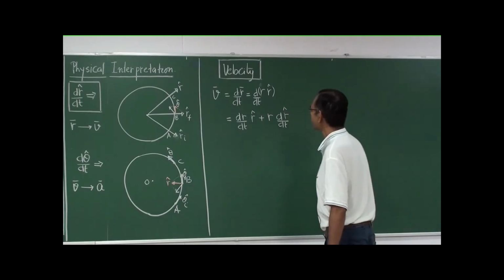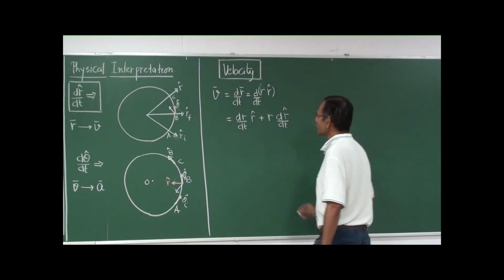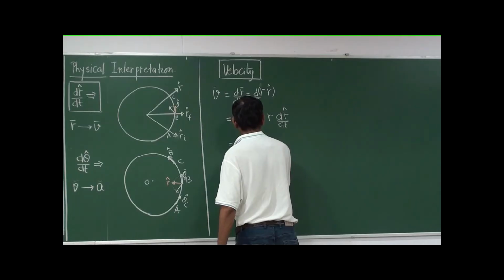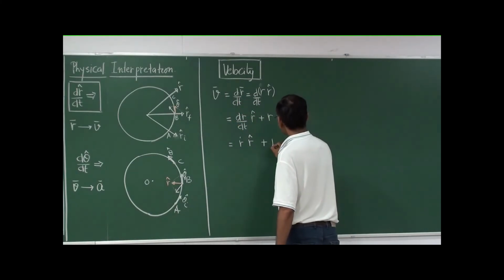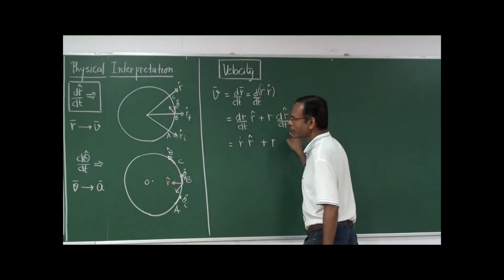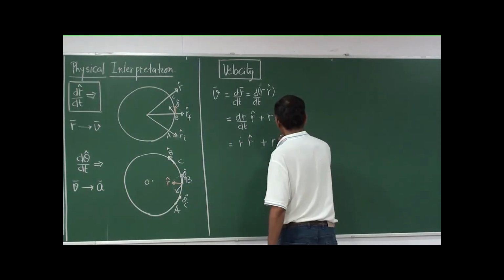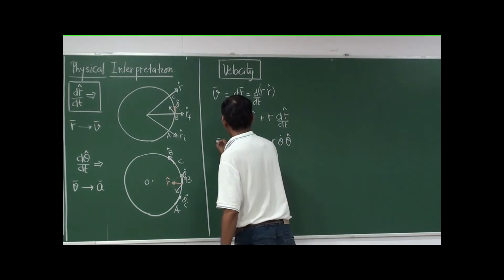Here we can write this as r dot r cap plus r times theta dot theta cap. This is my velocity vector.